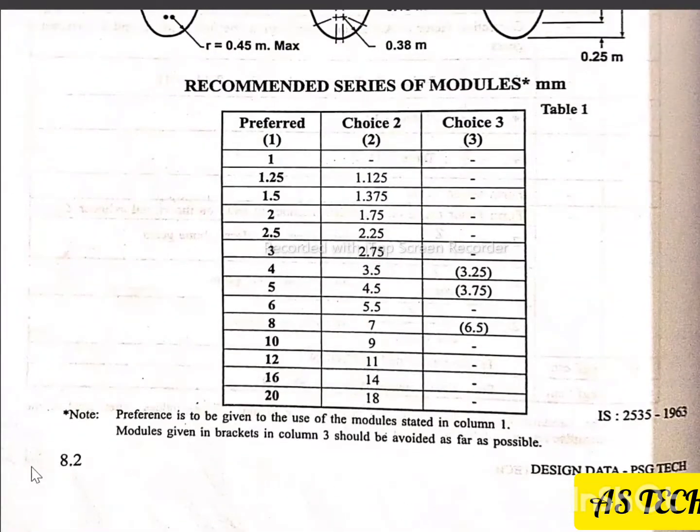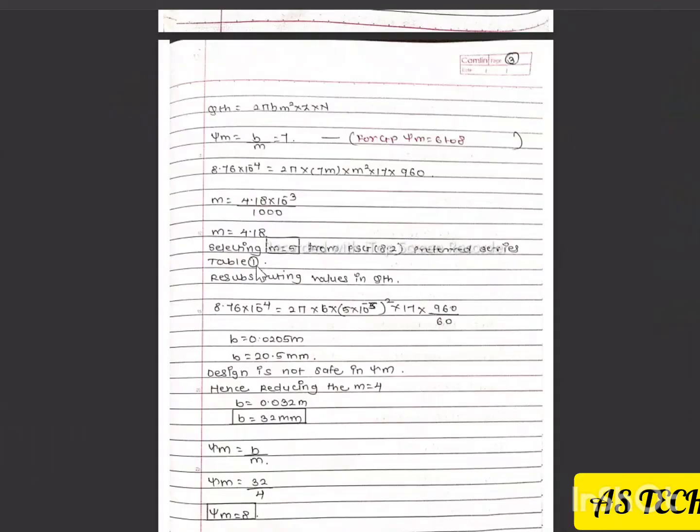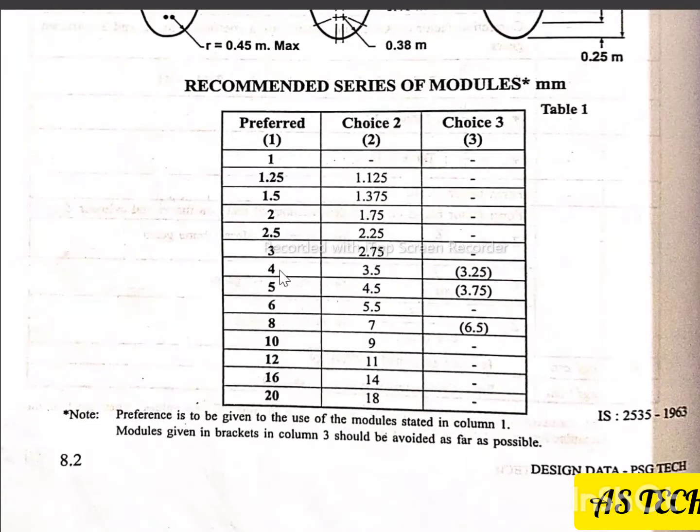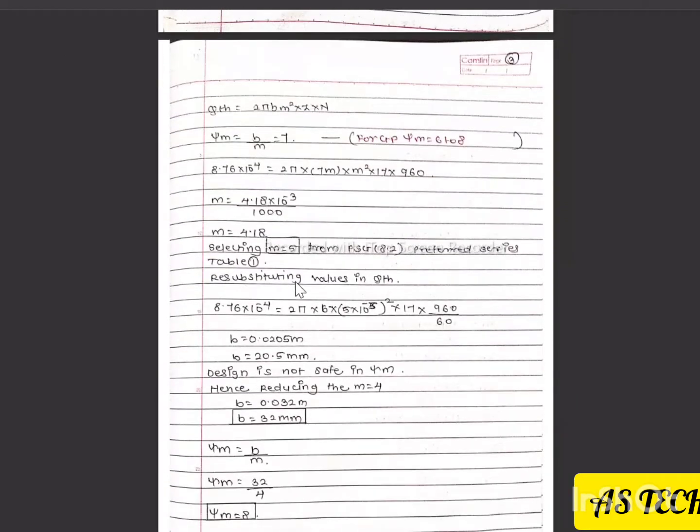This is page number 8.2 preferred series table number 1. The basic module value is 4.18, so we select the next value, which is 5. Resubstituting, we get the value of m equals to 5. So put this 5 into this basic formula.